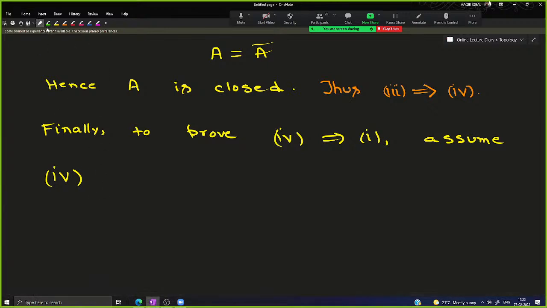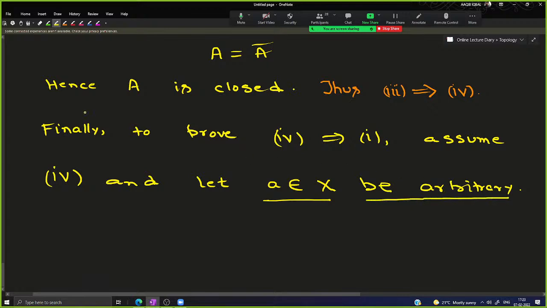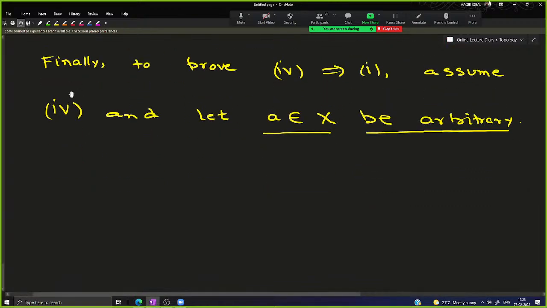Assume 4 and let little a in capital X be arbitrary. और एक point लीजिए little a in X और selection आपको समझना है कि is arbitrary.